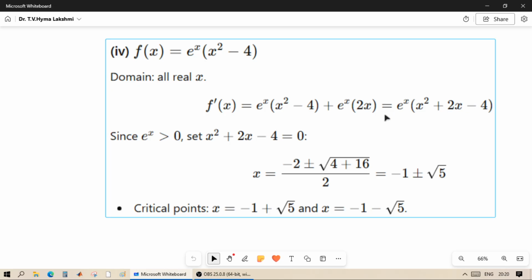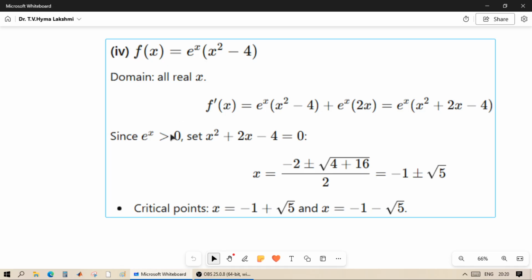and this we write f dash of x equal to 0, that e power x equal to 0, but e power x is always greater than 0. This is an exponential function, exponentially rises. So e power x is greater than 0, and x square plus 2x minus 4 equal to 0.